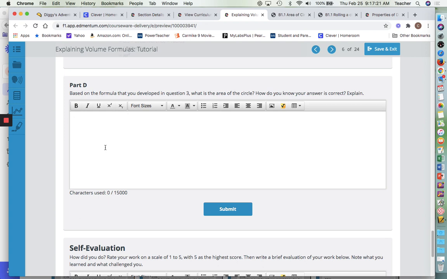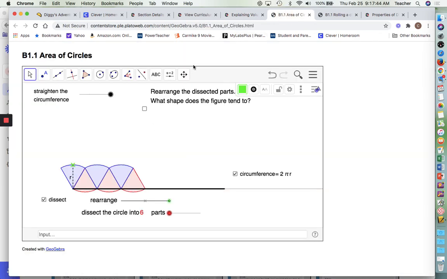I'm just sitting here thinking. So based on the formula developed, what was the area? Area is the mass inside the figure. And I spelled mass wrong, M-A-S-S. Mass inside the figure. Now I can't really solve it. I don't have any numbers here.